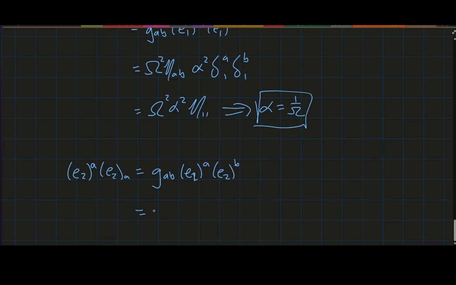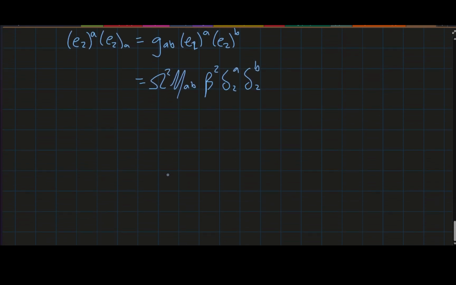So again, we can write the metric as omega squared times eta, AB. And then we're going to get a beta squared out of these E2s, and then two deltas, A2 and B2. So evaluating those deltas, we find this implies that beta is also 1 over omega, which is the same as alpha.